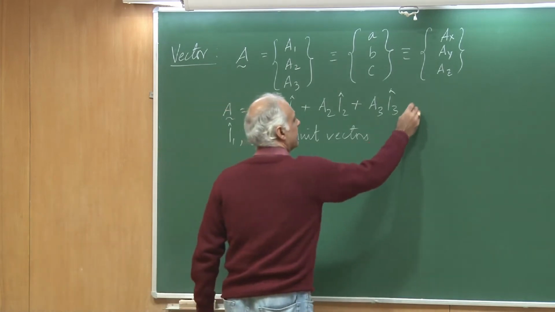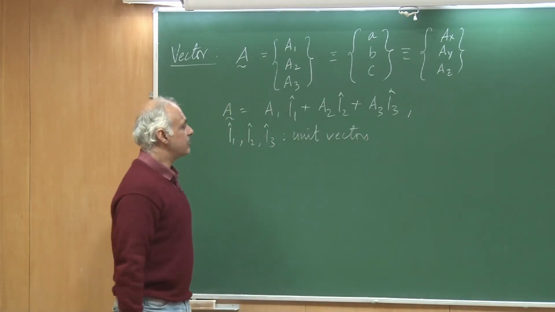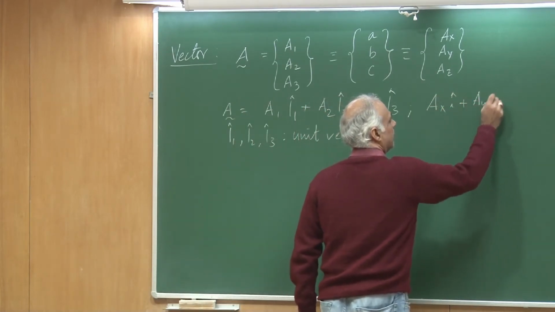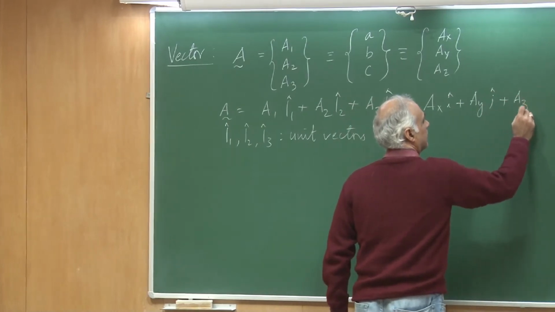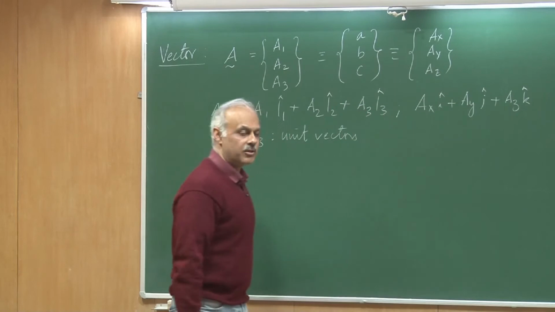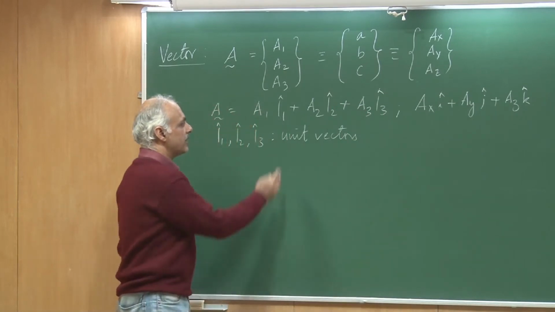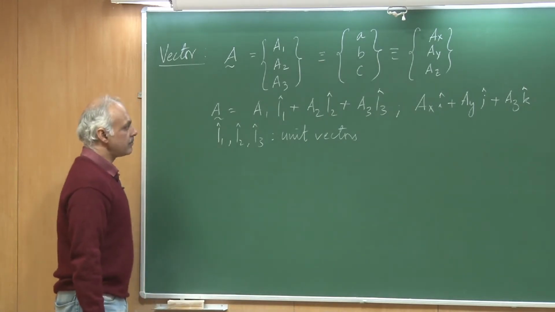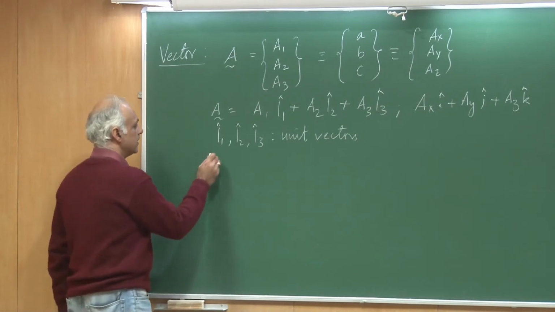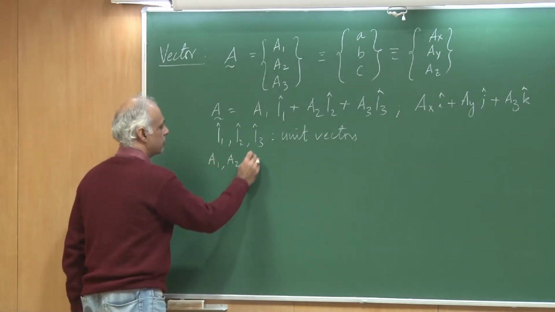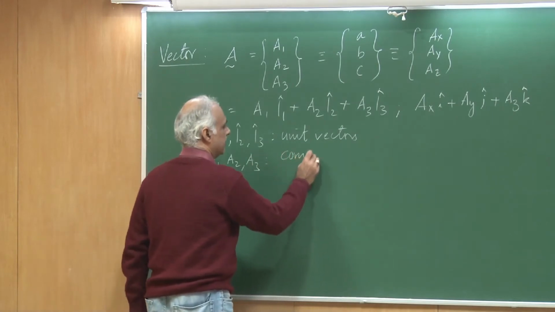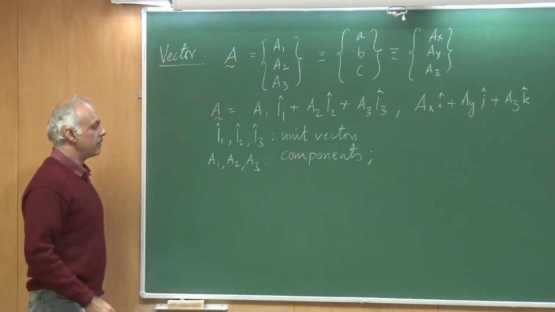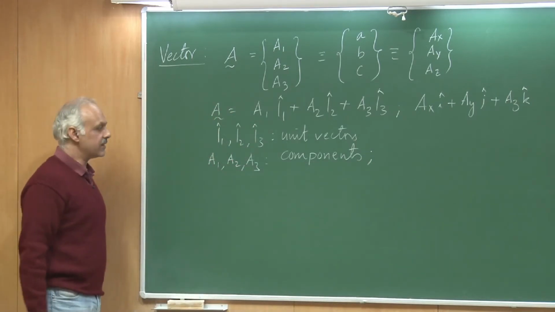I could also write the same vector in this notation as Ax i plus Ay j plus Az k, which you are perhaps more familiar with, but they are exactly the same things. All right. So, the components A1, A2, A3 are related to the vector A in the manner that I have written.